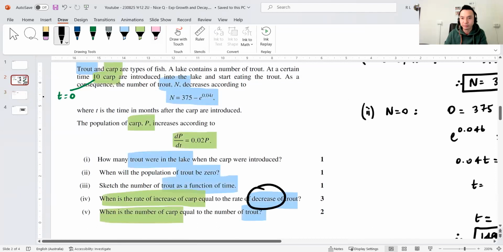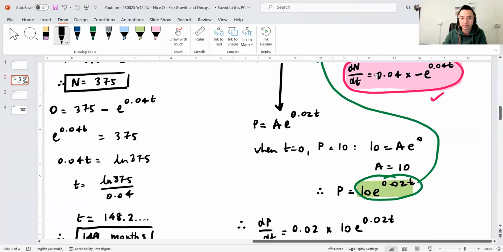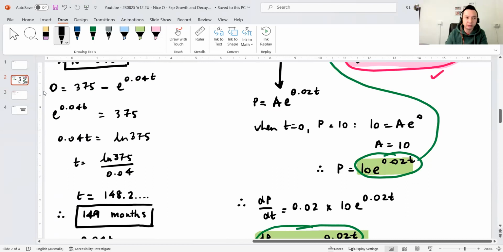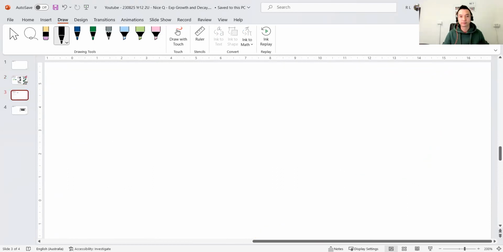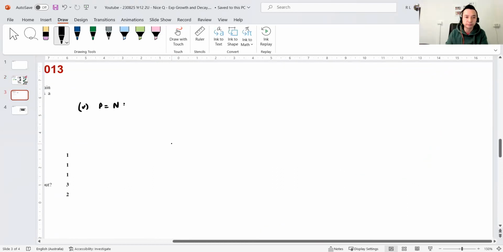What was P? P was 10e^(0.02t), okay. So 10e^(0.02t), set that equal to N, which is 375 minus e^(0.04t).